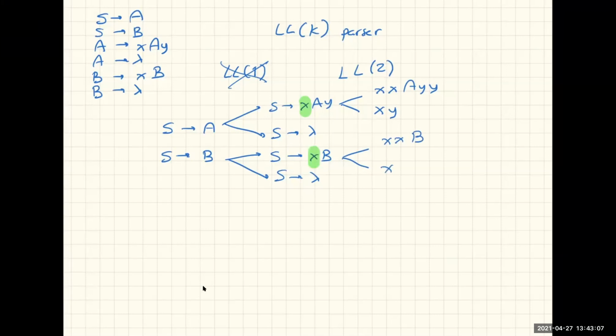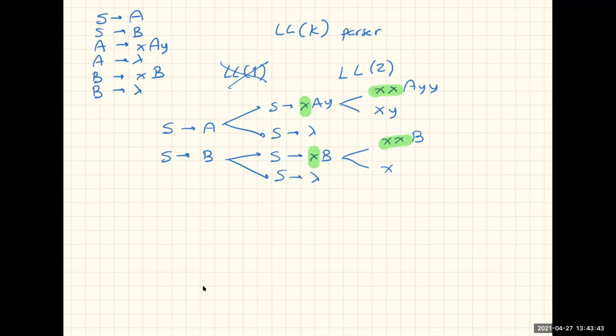And we can see again that we cannot disambiguate because we need to know which set of rules we should choose, this or this. I need to know, should I choose A or B by looking ahead. I can do this with XY with no problem, but we need a complete selection, we need to know for sure which one of the rules we need to use. So again, we have XX and XX. I cannot use an LL2.